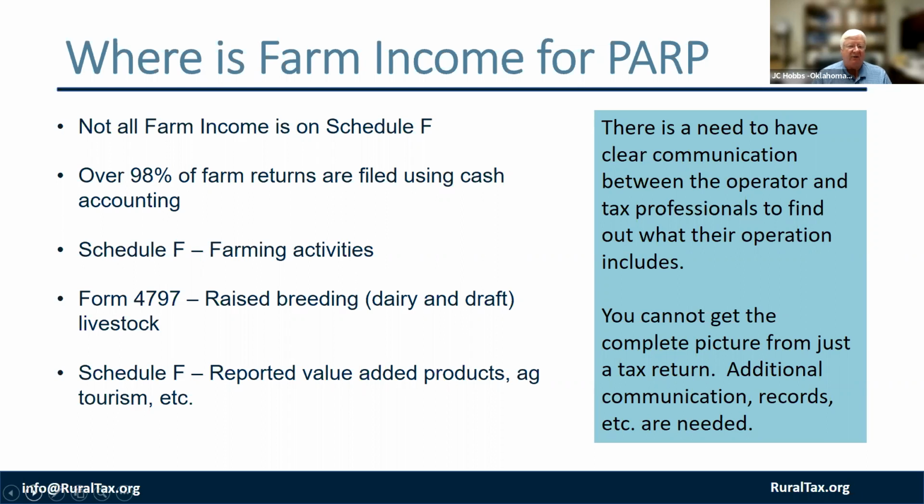Now, one thing that comes into play here, I said that a good majority of our farms, 98%, are sole proprietorships filing Schedule F. Well, there's another piece here. If your farm is either a partnership or a sub-S corporation, partnerships would file on Form 1065, a sub-S corporation on a Form 1120S. So they won't have a Schedule F per se, but a tax preparer sometimes will put together the Schedule F that helps in preparing that information that goes into the return for those two different types of entities.